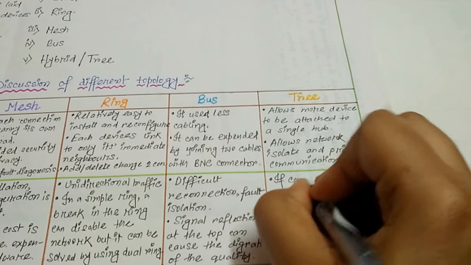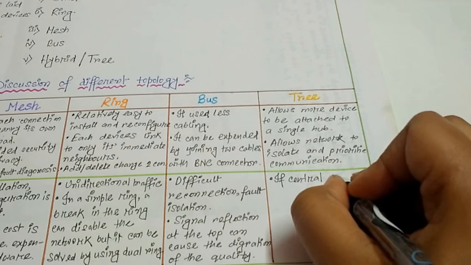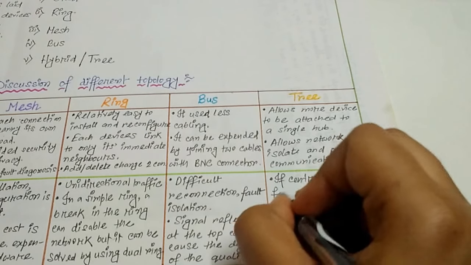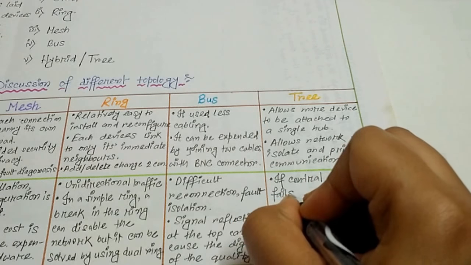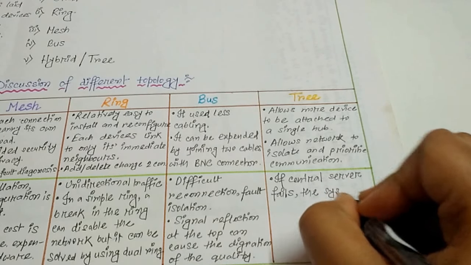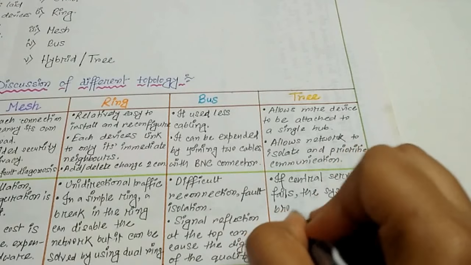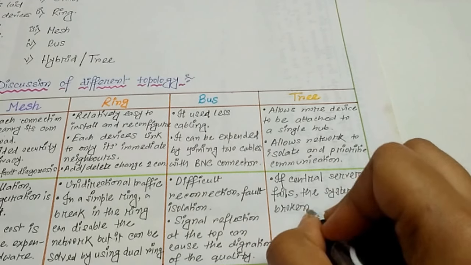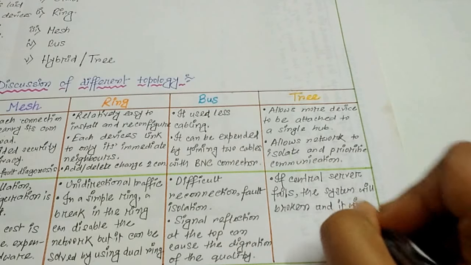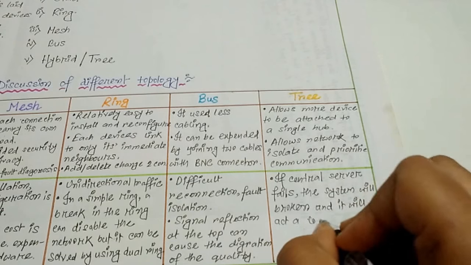If the central server fails, the system will break and it will act like a local network.